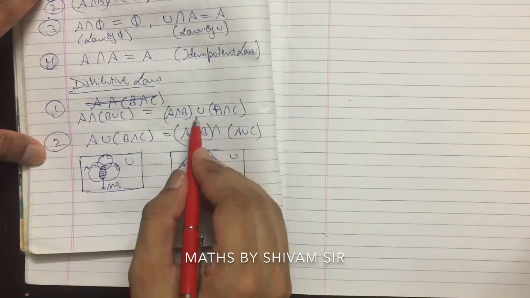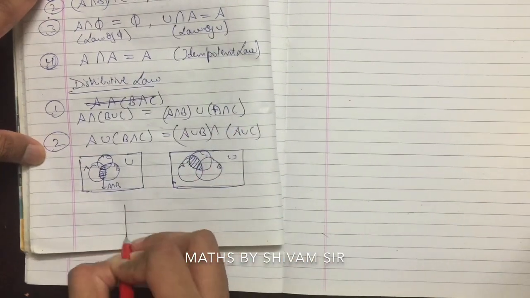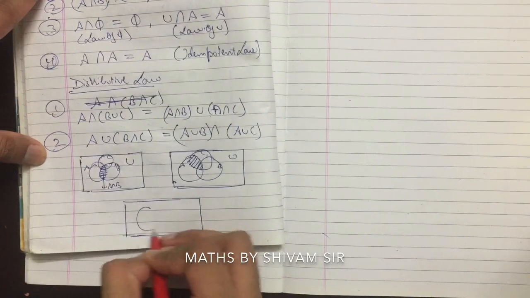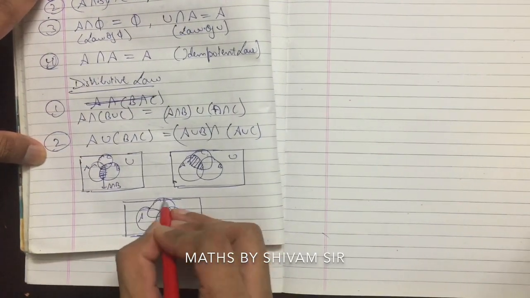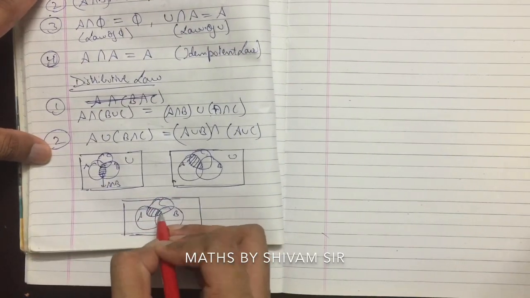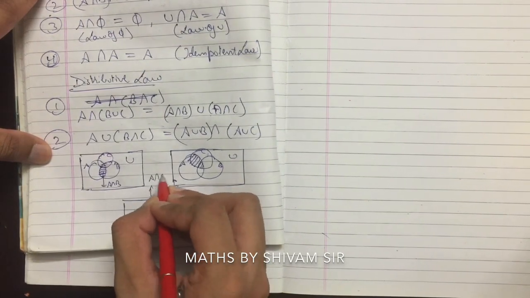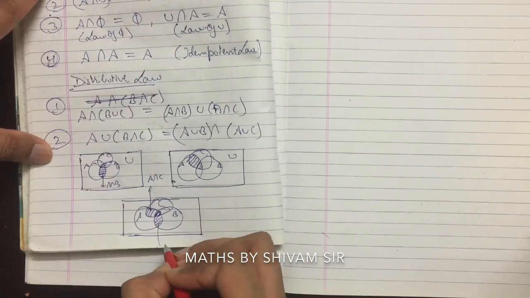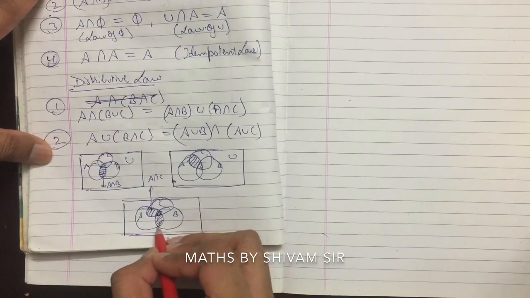Now the union of A intersection B and A intersection C: this is A intersection C and this is A intersection B, so the union of it will be this whole set, right?